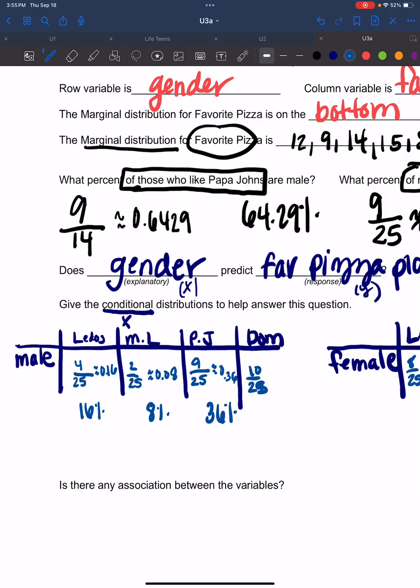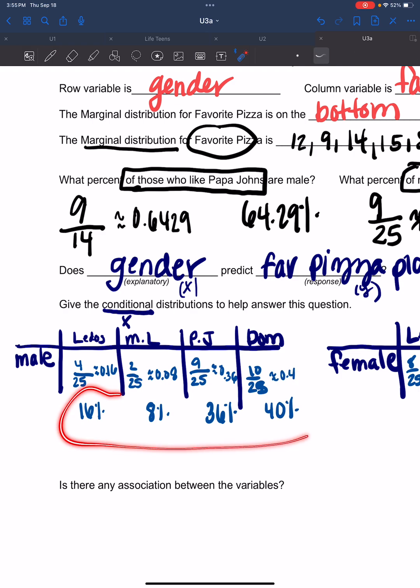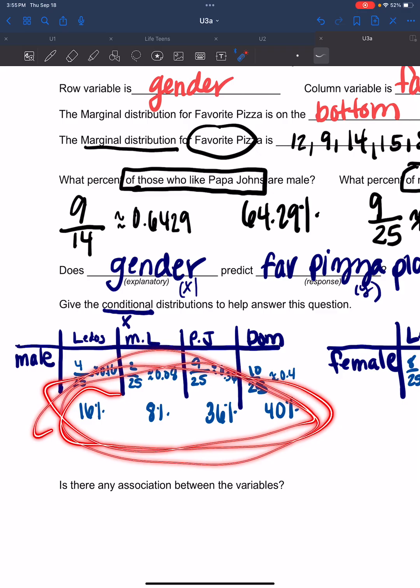And 10 out of 25 would be 0.4, which is 40%. And all of these things should add to be 100 because we're talking about 100% of the males.